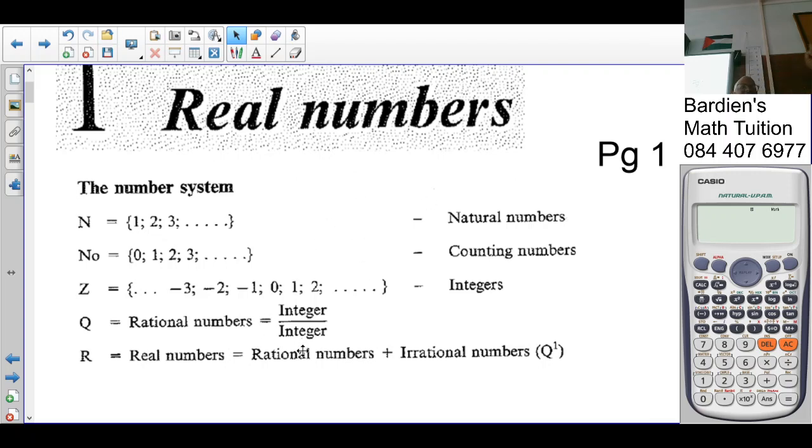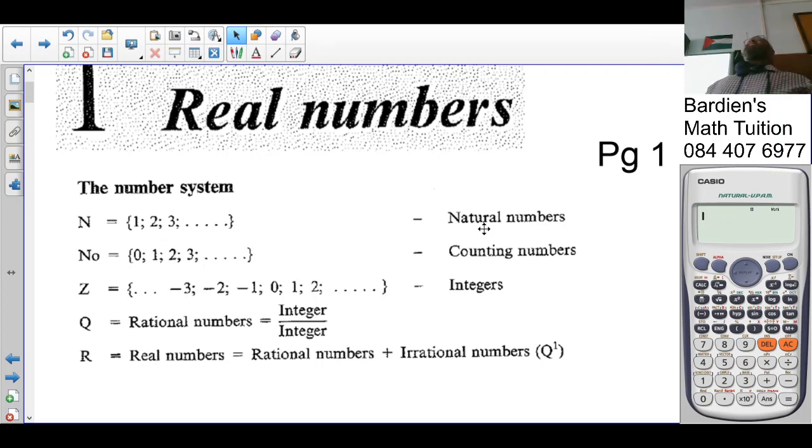So fractions, terminating decimals. Then you get a number that recurs. Who can tell me what it means to recur? Keep on moving, doing the same thing. So to recur means to do the same thing over and over.